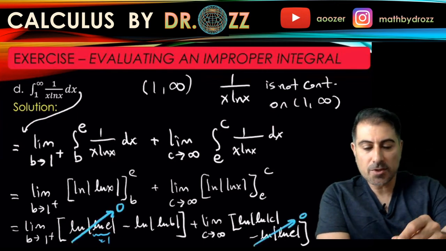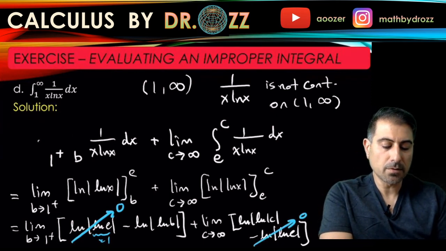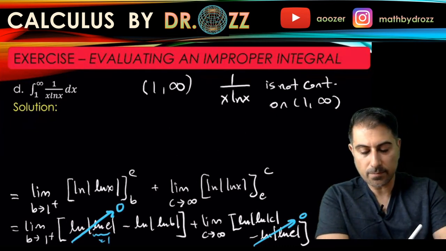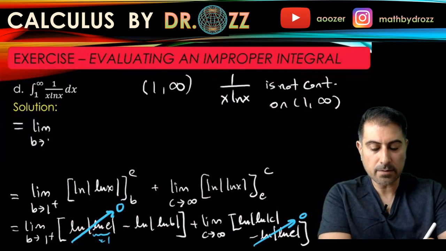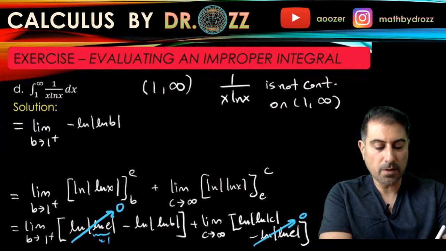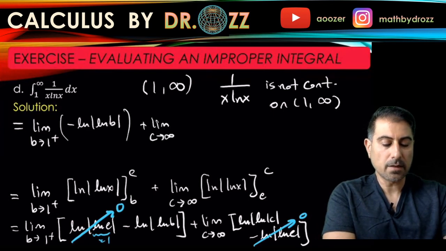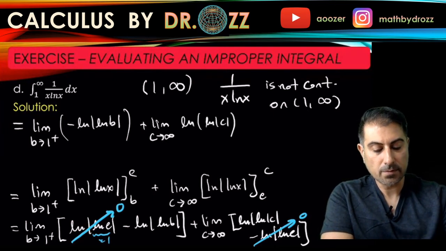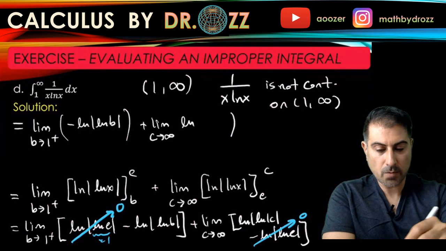Okay. Let me just erase this portion here, so I'll continue right from here. Okay, so here we go. So what are we left with? You have minus ln of ln b, and then you have the limit as c approaches infinity of ln of ln c, right?